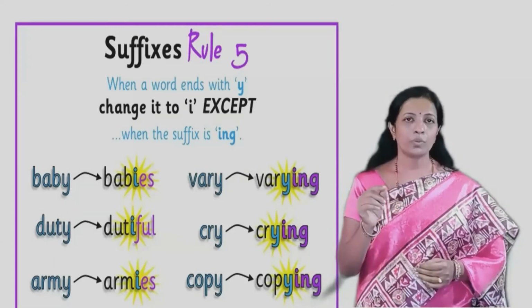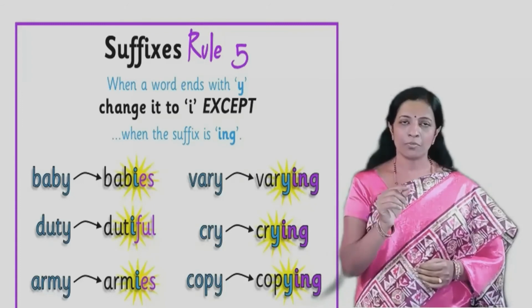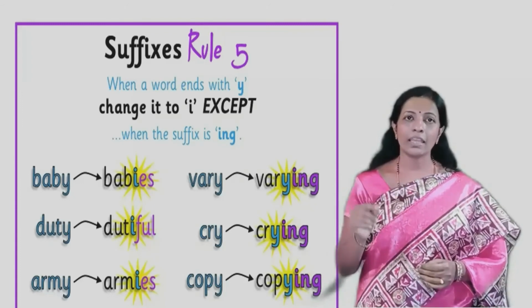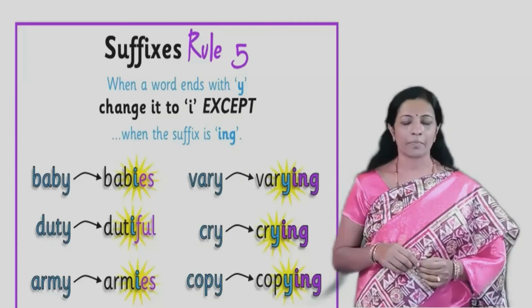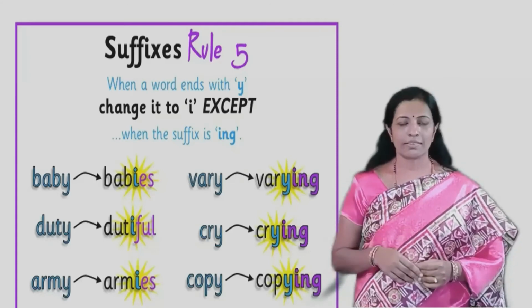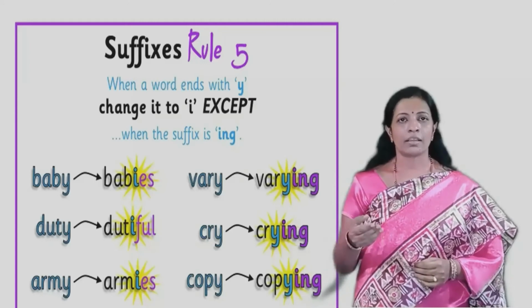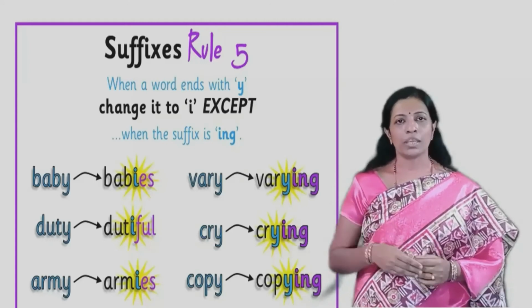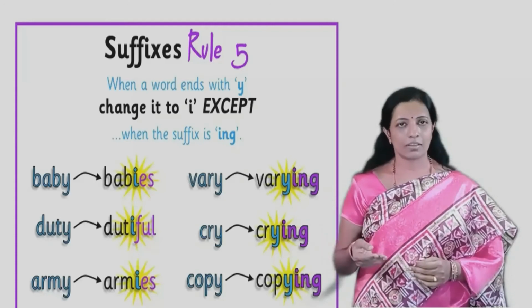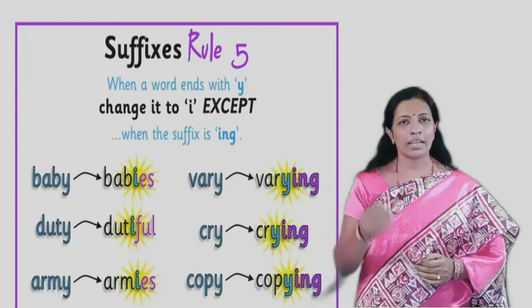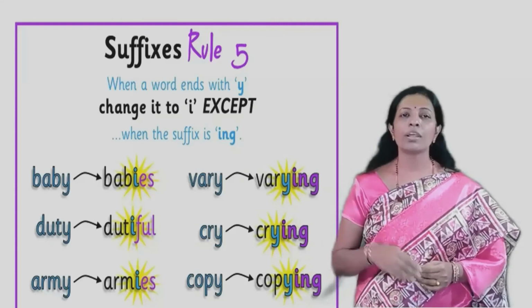And now the spelling becomes B-A-B-I-E-S. So the letter Y changes to I. There is another example, duty, D-U-T-Y. When we add the suffix ful to it, the new word formed is dutiful, and the letter Y changes to I.